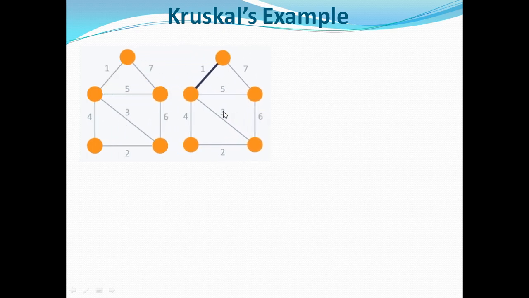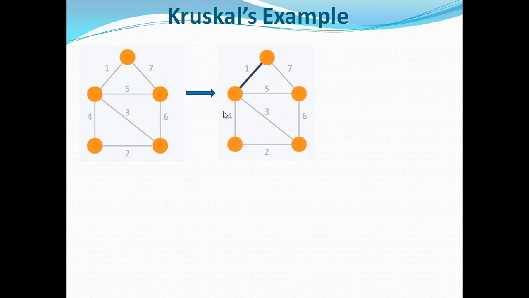So we connect these two nodes by this edge. In the next step, the next smallest is what? 2. So first we connect 1 and then 2.